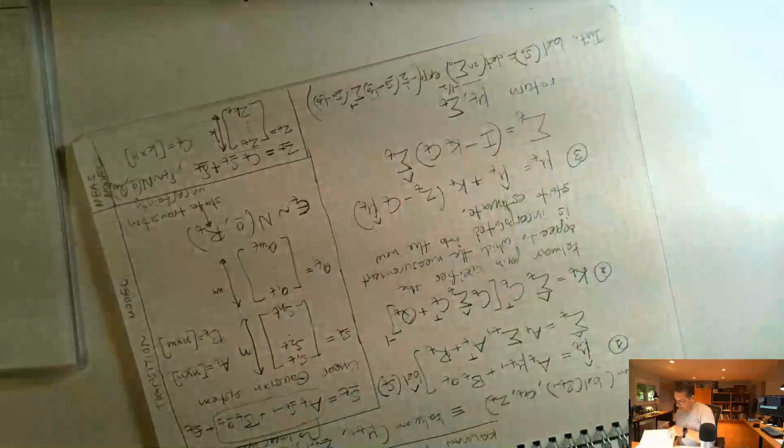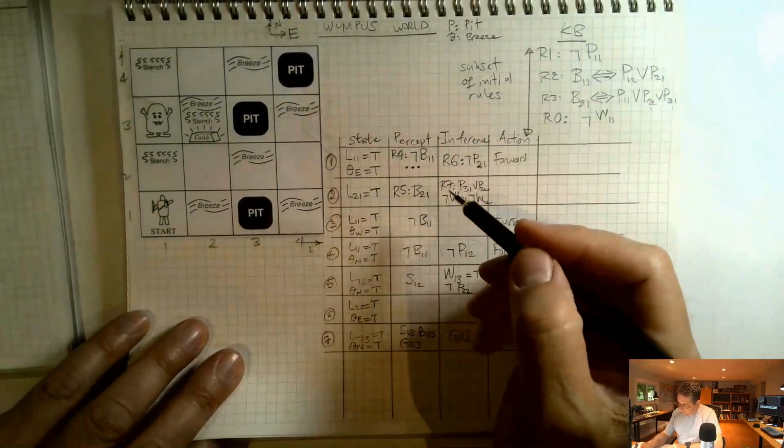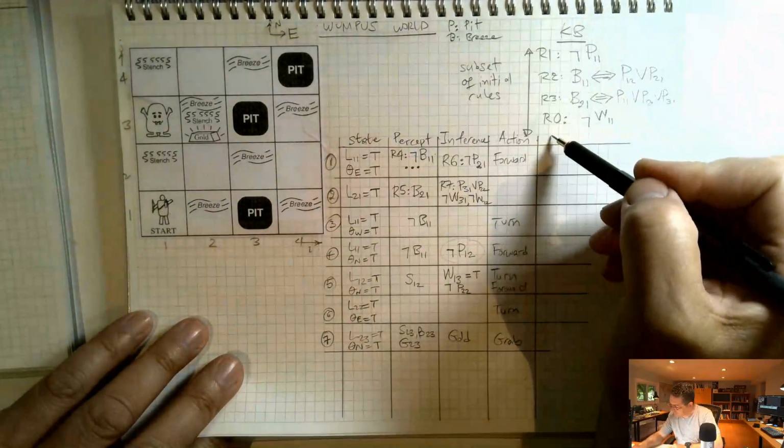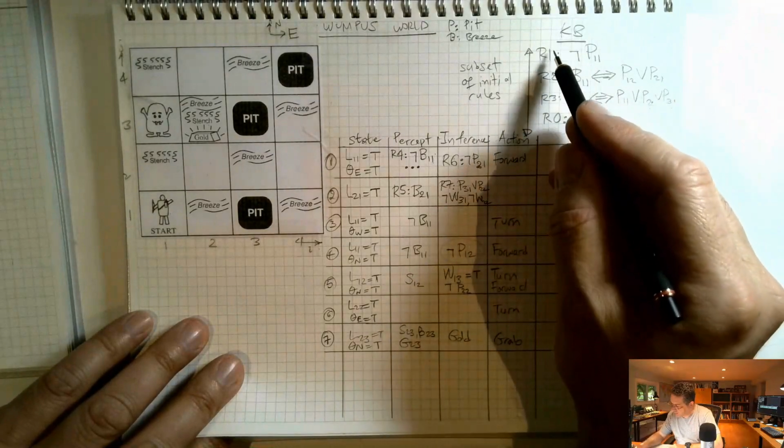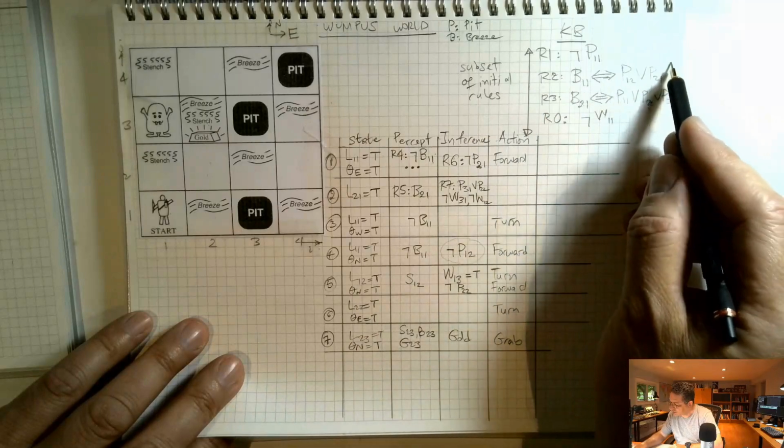So let me go back to that and see how this table came to be developed. We had this Wumpus world where we started writing these kinds of rules, and we assumed some initial rules. One of them was rule number 2 over here.